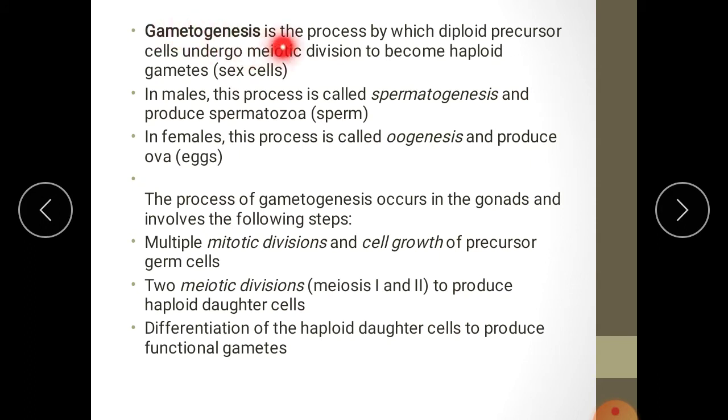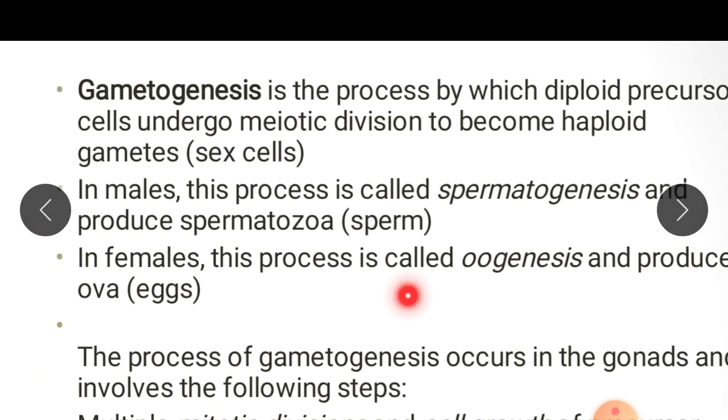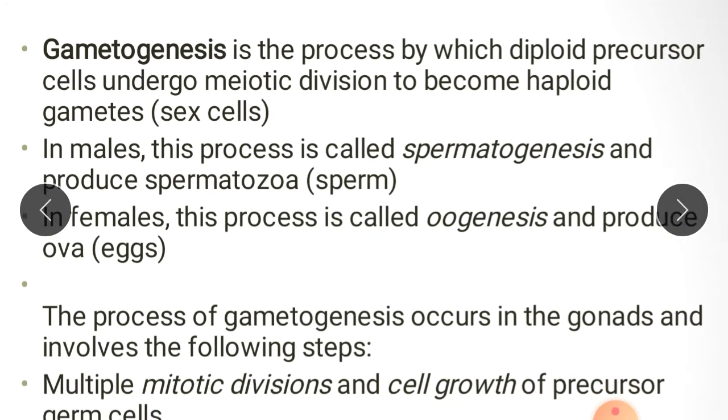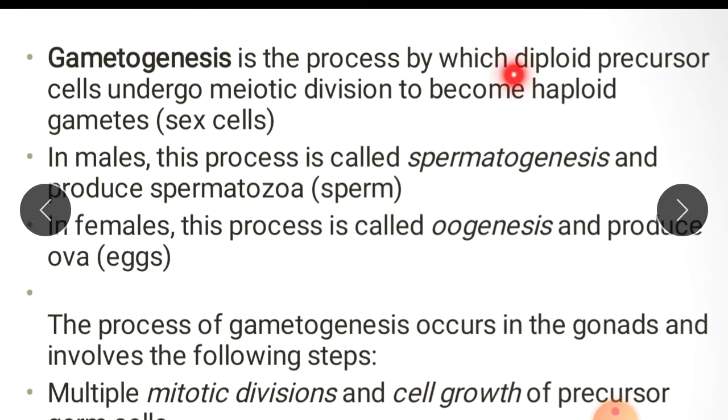So gametogenesis is the process by which diploid precursor cells undergo meiotic division to become haploid gametes. See, gametes are always haploid. Our body cells are diploid, so diploid cells have to be converted into haploid cells.